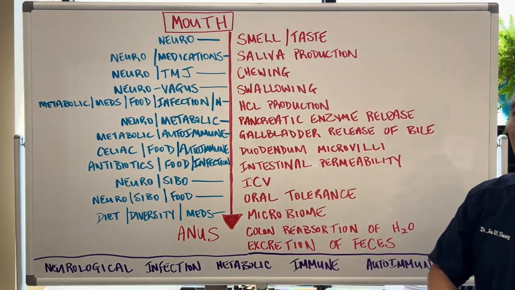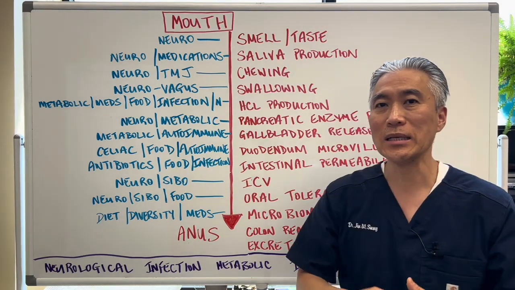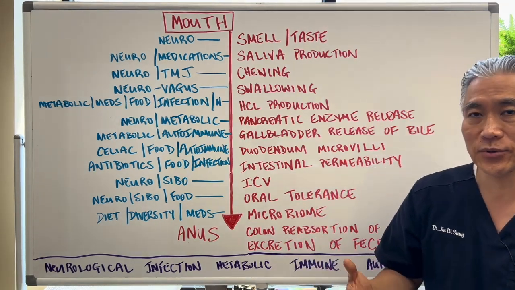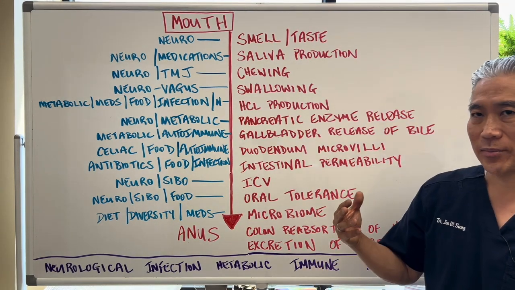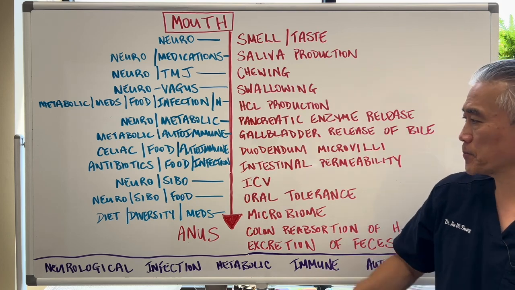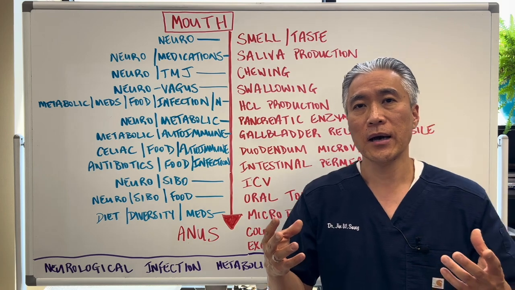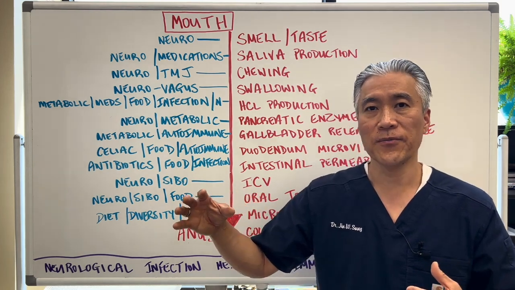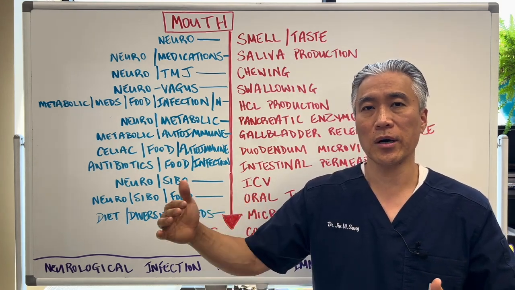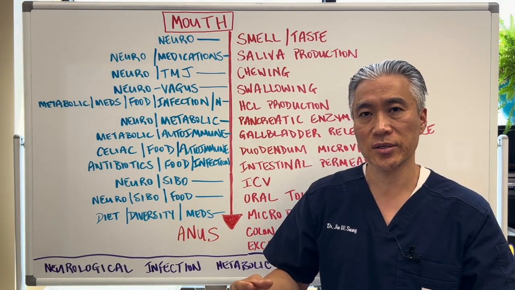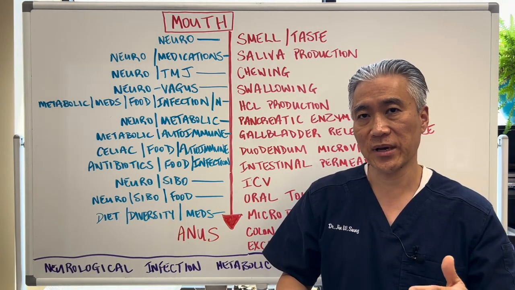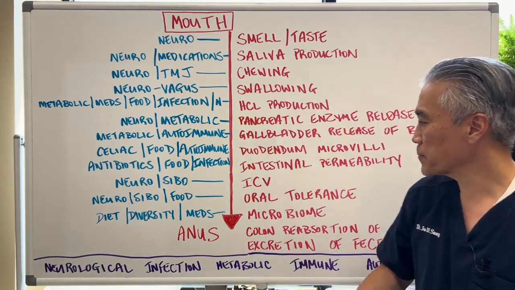Intestinal permeability, or quote-unquote leaky gut, can be related to food also, and some antibiotic use and so forth. Ileocecal valve. This is a valve that prevents fecal matter or bacteria from the large intestine from moving to the small intestine.